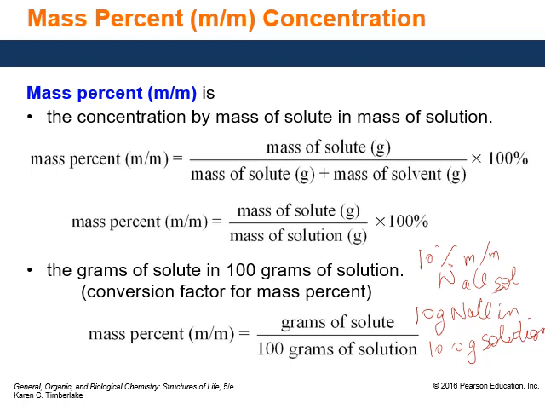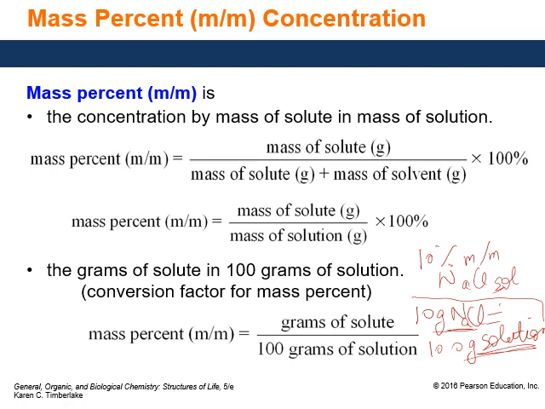Okay, so this is my conversion factor. I could write 10 grams NaCl equals 100 grams of solution. So this would be my conversion factor to go from grams of NaCl to grams of solution. So if the concentration of a solution is given to you in the question, use it as a conversion factor.